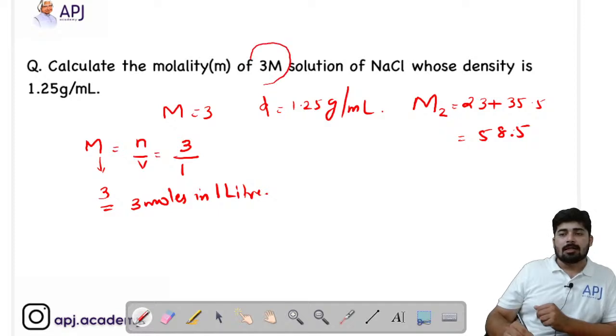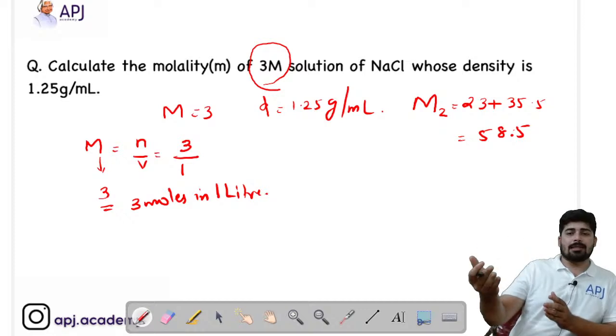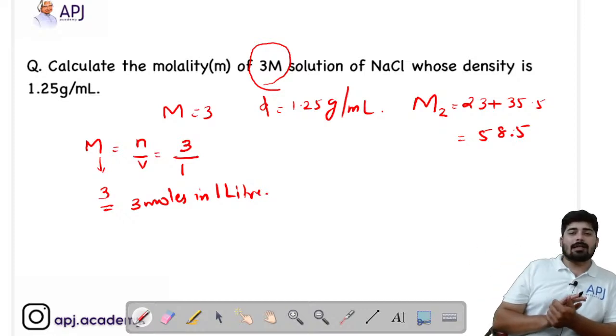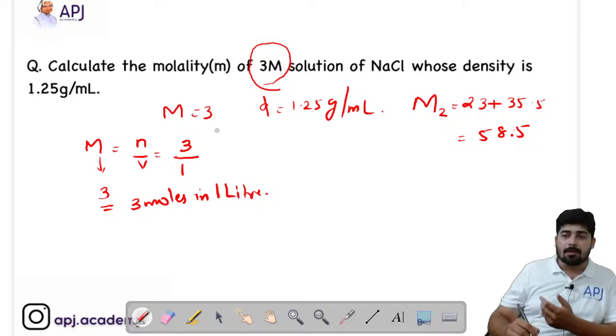So if you know the concept of molarity, then only you can identify that 3 moles of NaCl is given. What is molarity? Molarity is the number of moles of solute in 1 liter of solution. So if you consider 1 liter solution and the molarity is 3, then obviously the number of moles is 3.